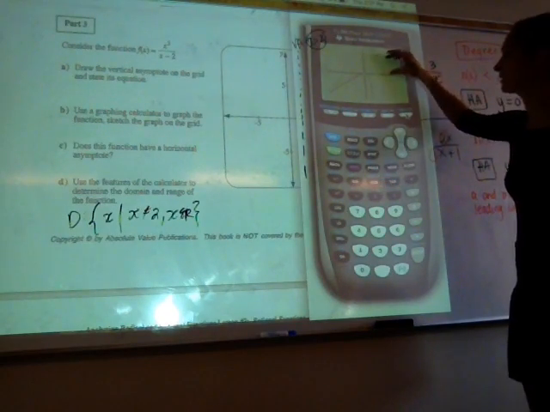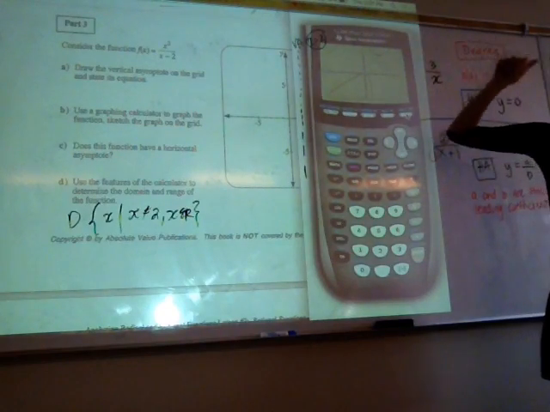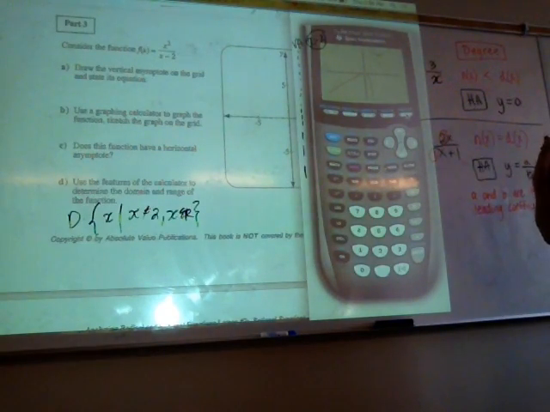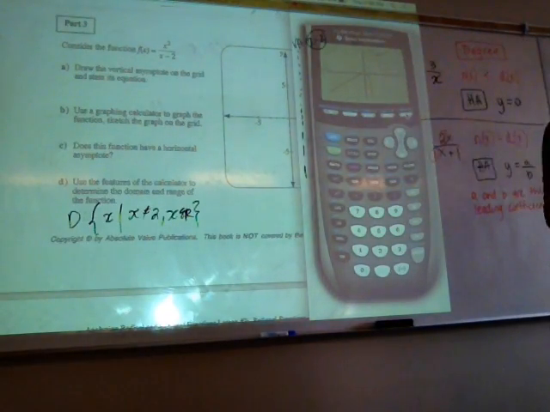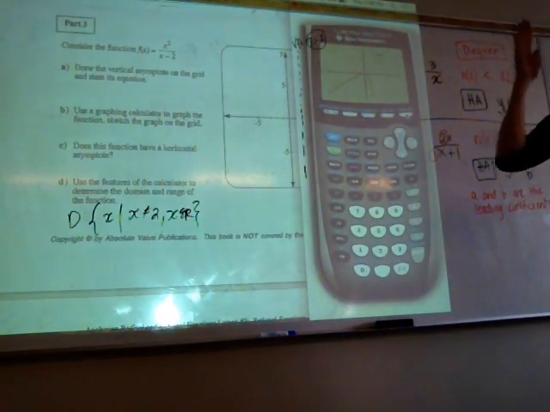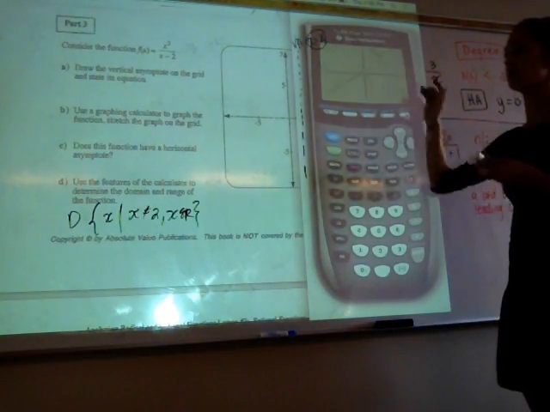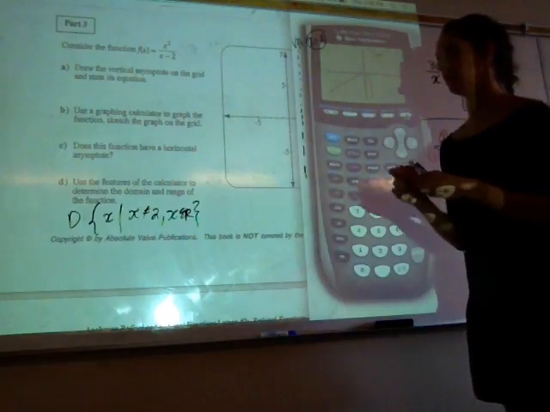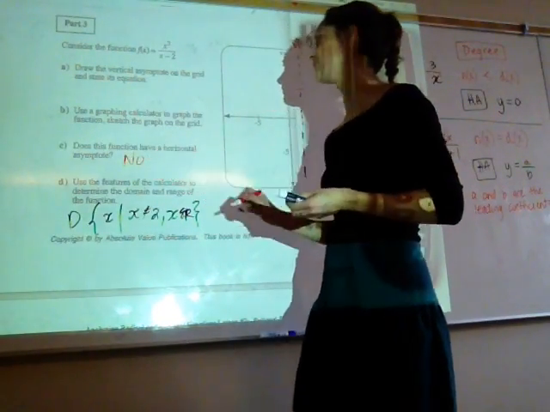But here it's a whole section where the graph isn't going to touch. Vertical and horizontal asymptotes are lines that the graph is going to approach but never touch. So here, do you think that we have a horizontal asymptote? No, it's actually a big gap, so it's not a specific value. So in this case, there is no horizontal asymptote. For part C, does the function have a horizontal asymptote? No.